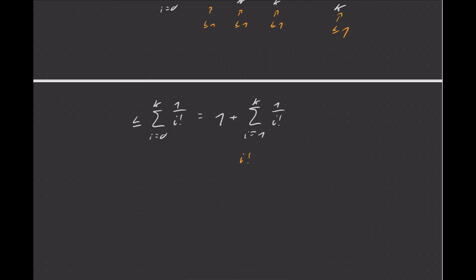Remember, I factorial is 1 times 2 times 3 and so on up to I. So disregarding that one factor, we have I minus 1 factors that are each at least 2. So that means this is greater or equal to 2 to the power of I minus 1.